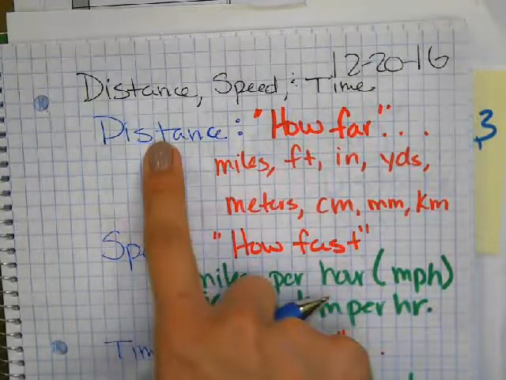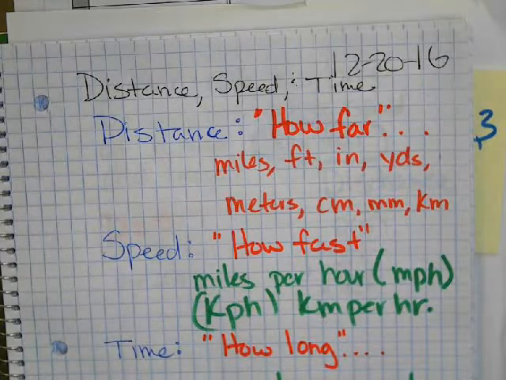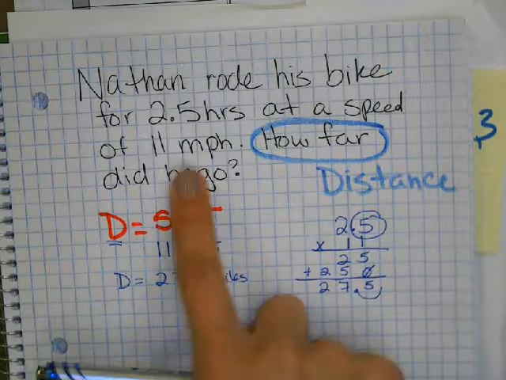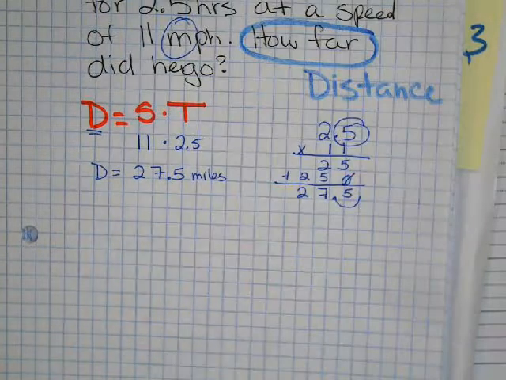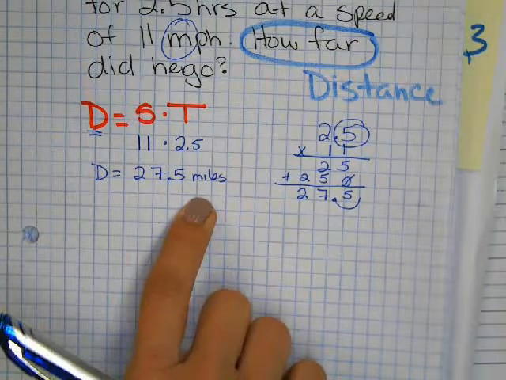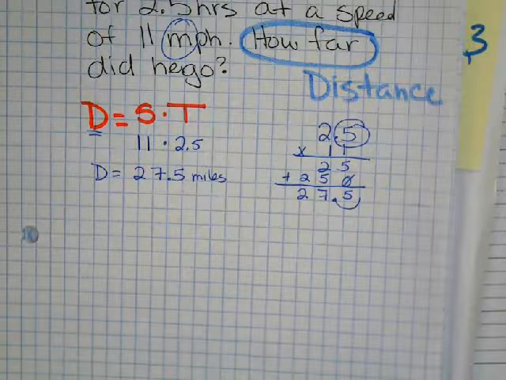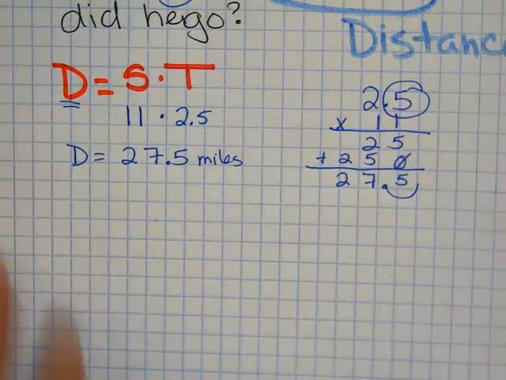No, right? So when you're doing distance, you're picking one of these. Now, do you just pick one of these, whatever you want? No. You got to go back to your problem. Why did we say miles? Right there. It says miles per hour, so guess what you're using? Miles. Whatever the question says, or uses, I should say, you use.